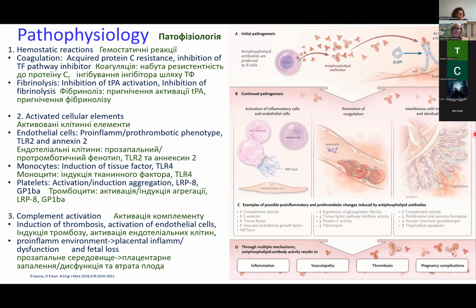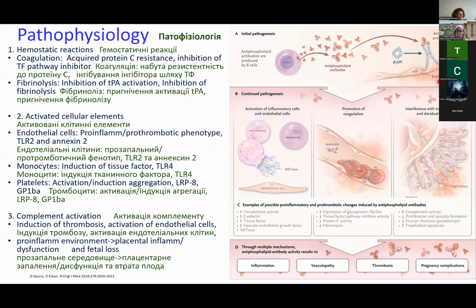And if it's in the placenta, then it can lead to basically problems with the trophoblasts, and you get complement activation and then netosis around the trophoblasts, and that leads to degeneration or apoptosis of the trophoblasts, so the placenta becomes insufficient.